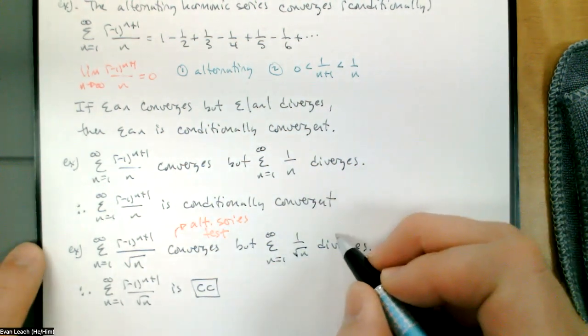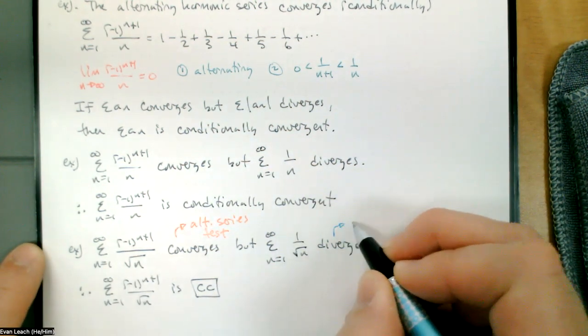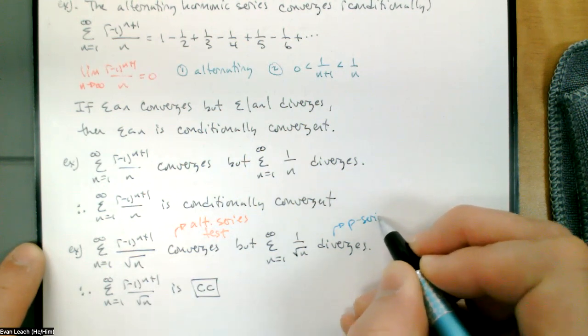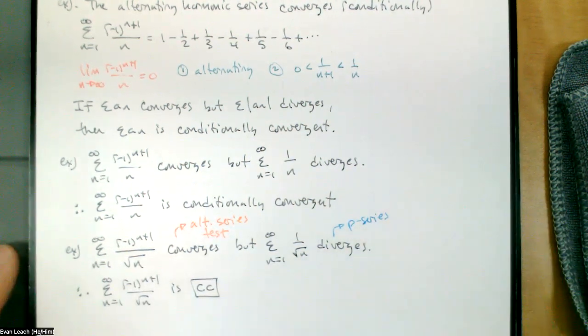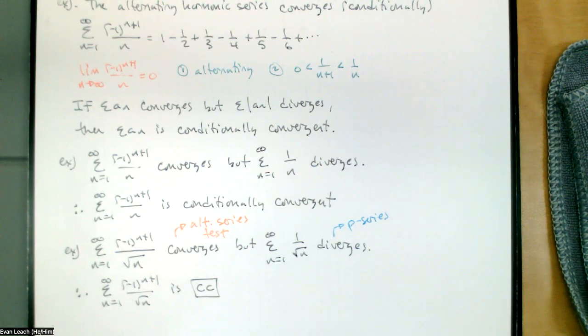It's a p-series with p equal to 1/2. So since the series itself converges by the alternating series test, but the series in absolute value diverges, using the p-series with p equal to 1/2, we can conclude that the series is conditionally convergent.